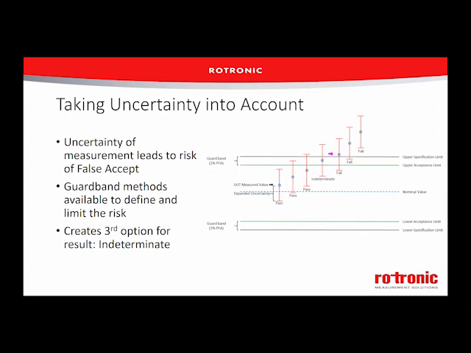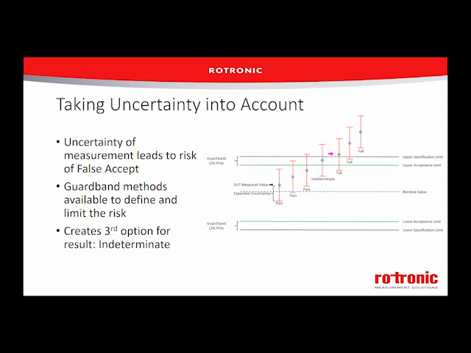And one of the questions that's been going around more and more now is, how do we take that risk into account? How do we make a better statement of pass or fail? One way that's been described is to limit the risk of the false accept.